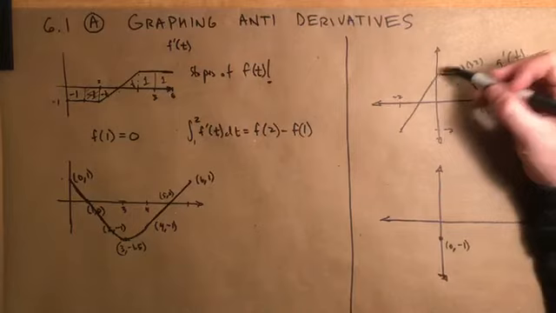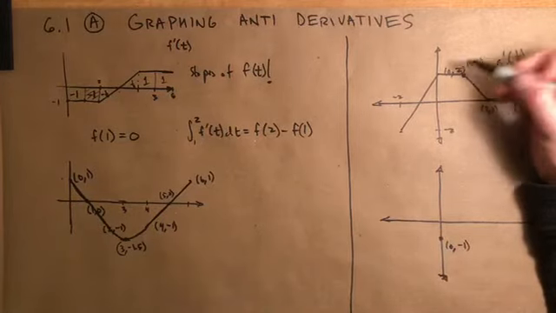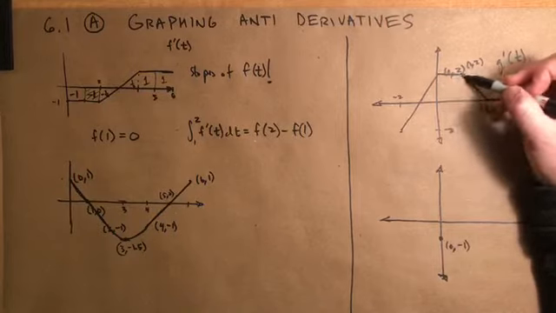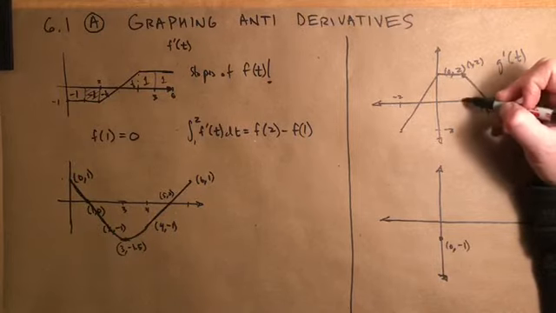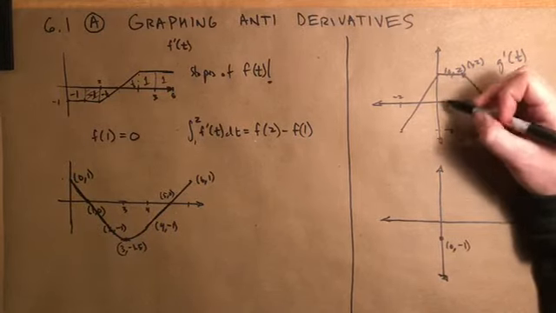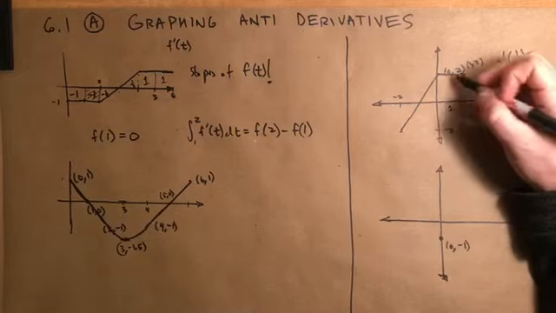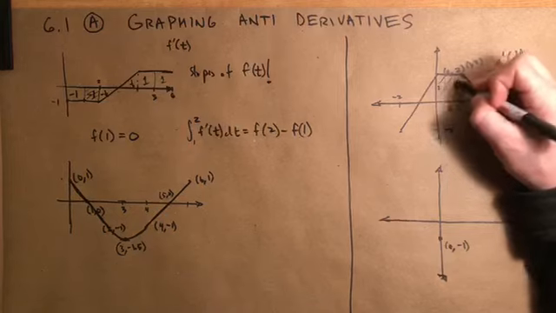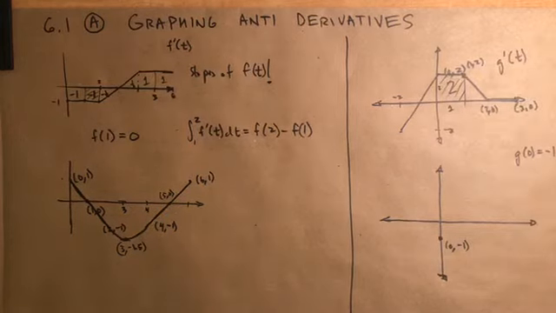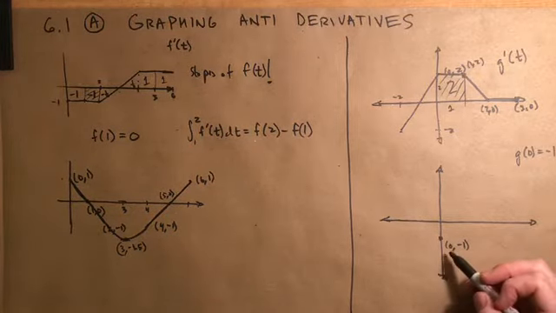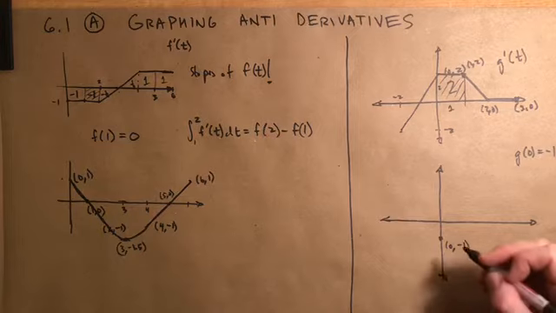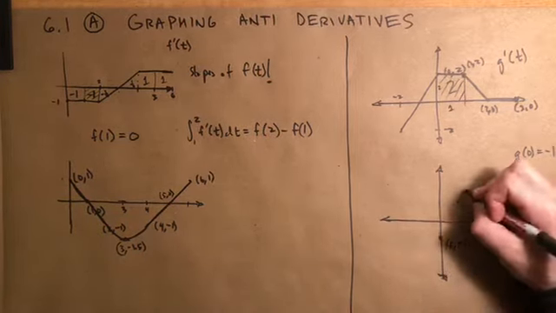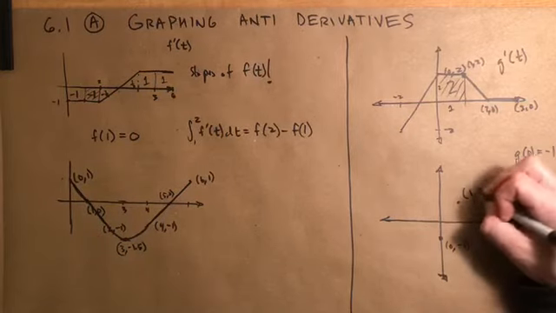The slope at that point was what? Well, the output was 2, so the slope is going to be 2. And how long did it have that constant slope? Looks like 1 whole unit. So the width was 1, the height was 2, and the area of that piece is 2. So in going from 0, I'm going to be going up 2 units. And our new point is 1, 1.